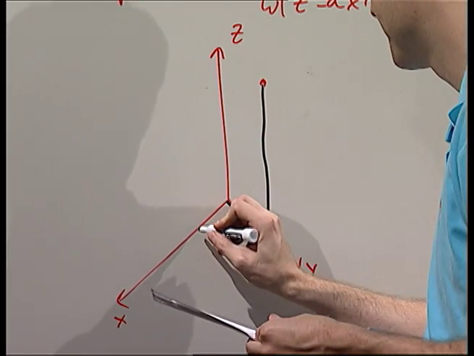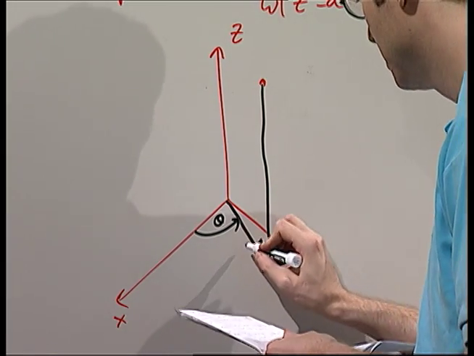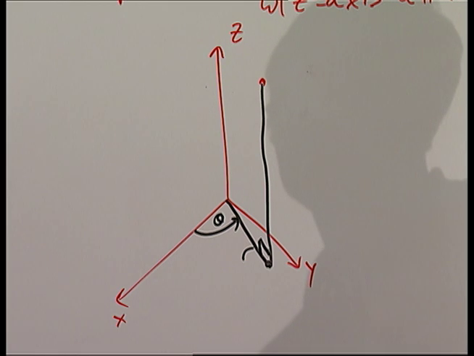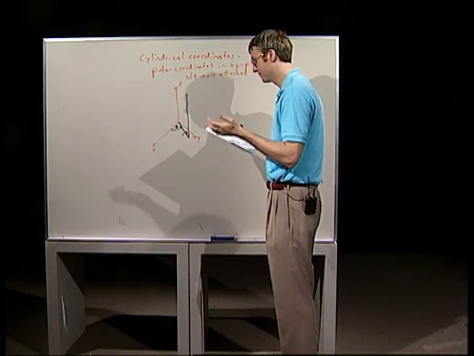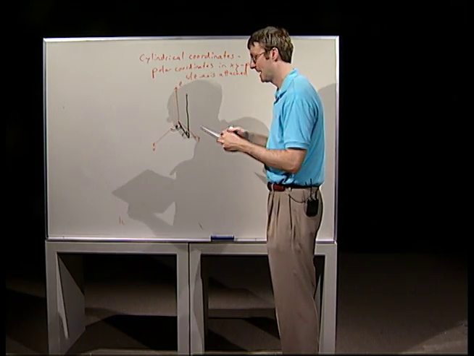We know that every point in the xy plane can be defined by r, theta in polar coordinates. R is the distance out to the point. Theta is the angle it makes, between 0 and 2 pi, with the positive x-axis.